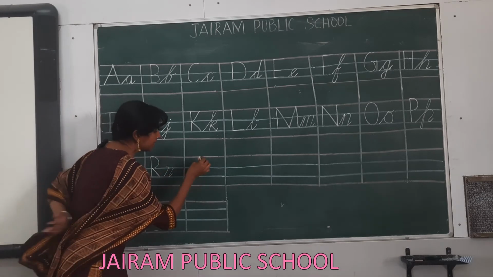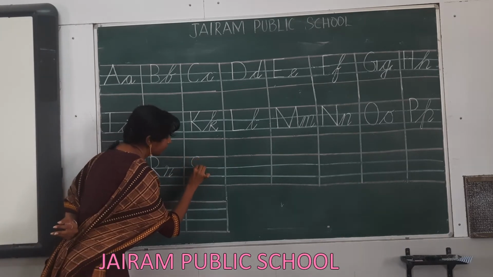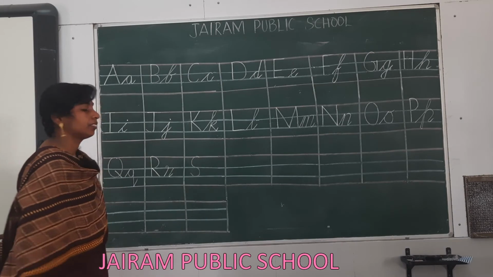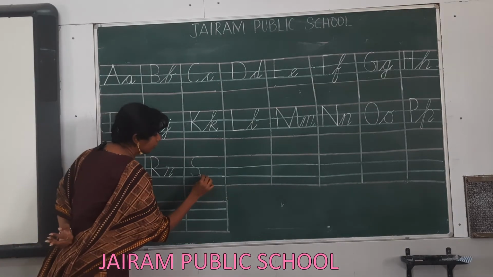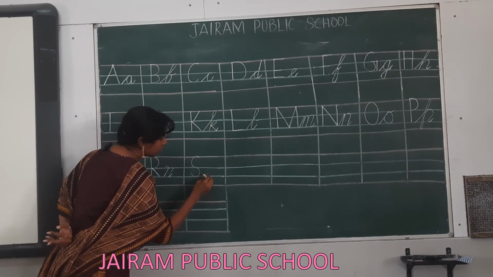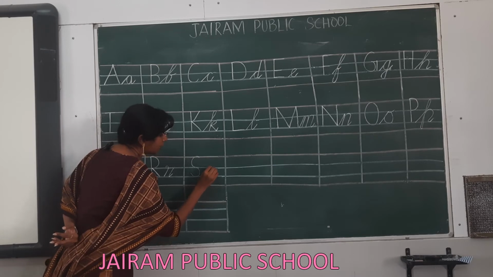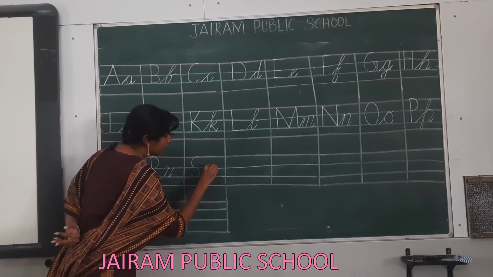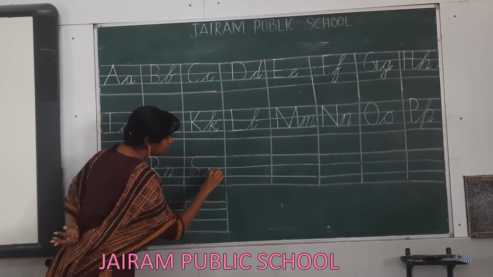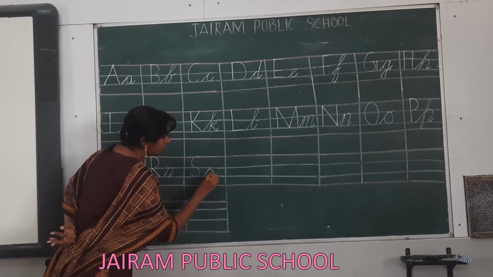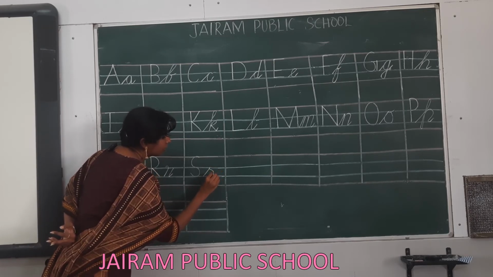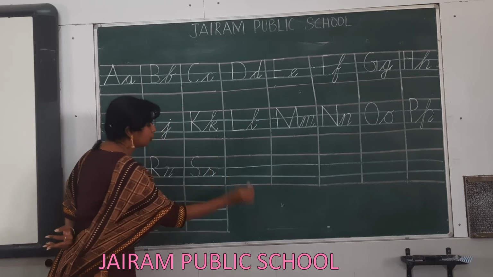To write S, first curve and then the second curve. It's very simple. To write cursive S, upward forward slant, come back, clockwise curve with an upward forward slant.